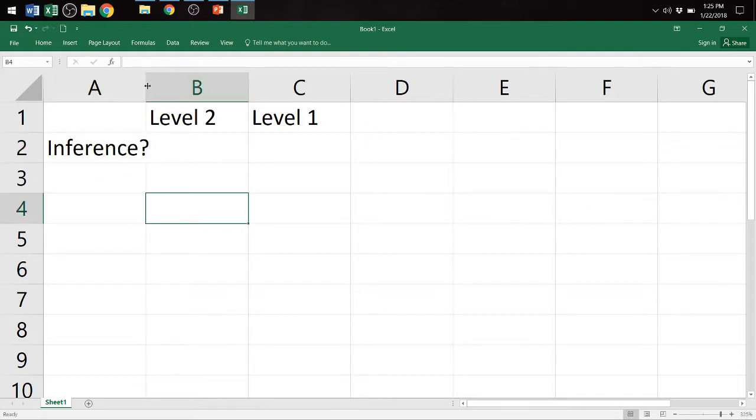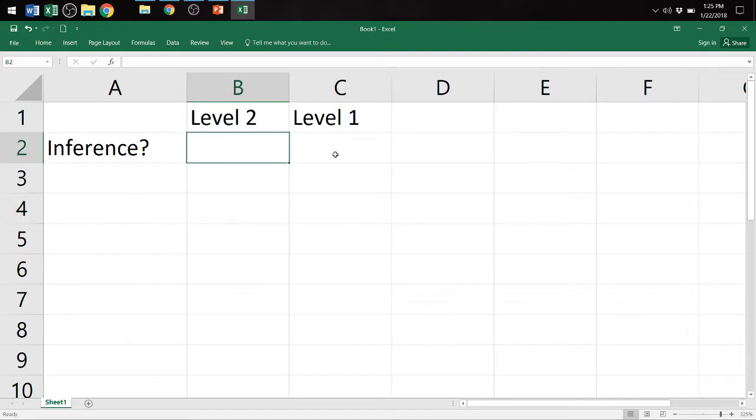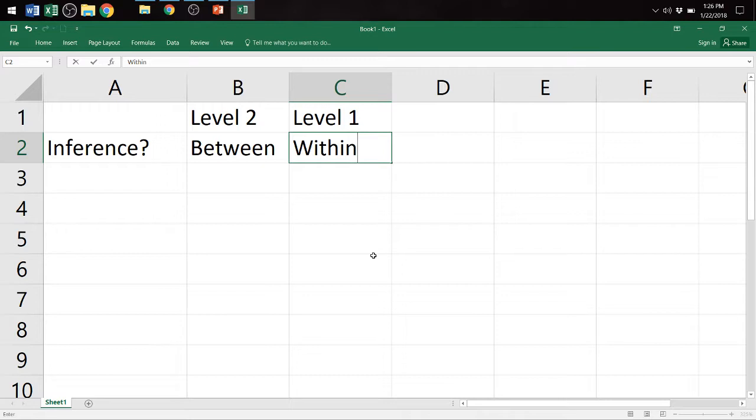And by that I mean between or within. Which goes with which? What's level 2? Between. In the context of longitudinal data, it's between persons and within persons. In other kinds of samples, such as people in groups, it might be between groups and within groups. But the words between and within will always hold as level 1 and level 2.